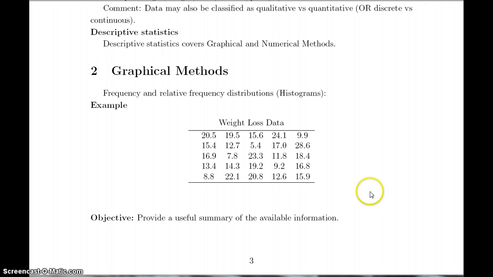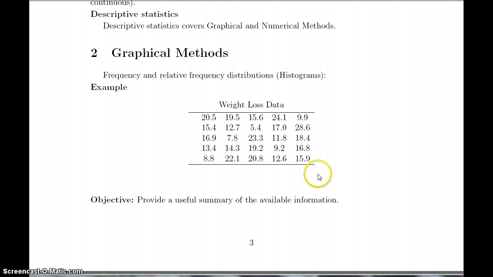So we're going to start with weight loss data, say, and these are weights people lose based on some diet program per month. So you can see here you have 20.5 pounds, here you have 23.5 pounds, here you have 5.4 pounds. So let's look at this data a little bit further. What's the lowest value in this data?